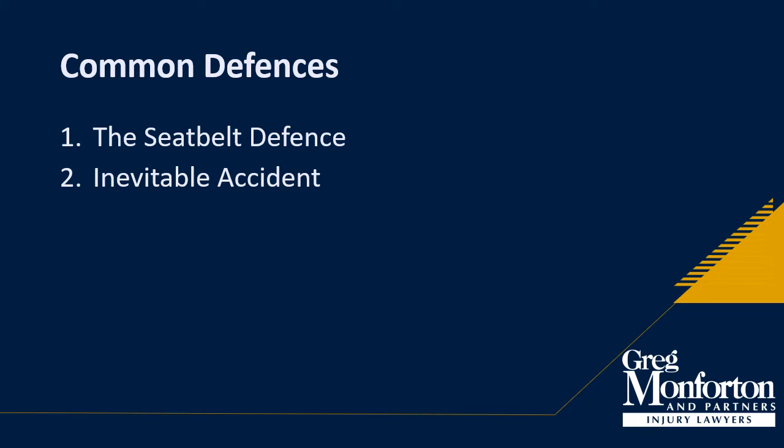Now, remember, liability is determined on a scale of 0 to 100%. So the jury is going to have to apportion liability as between the plaintiffs and defendants. So when they're looking at the plaintiff, they're looking at whether or not they are contributorily negligent to the case or to their damages.